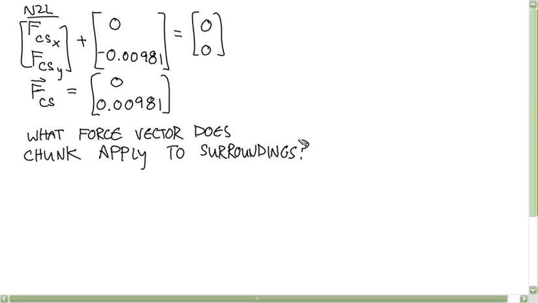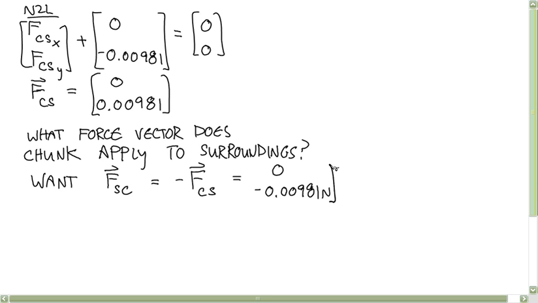Well, then you just use Newton's third law. All we're doing is switching the subscripts, right? We want the force on the surroundings by the chunk, and that's negative FCS. So that's 0, negative 0.00981 newtons.